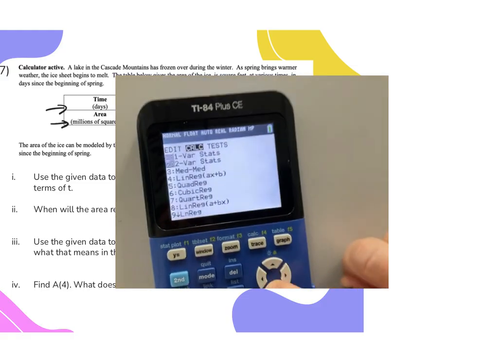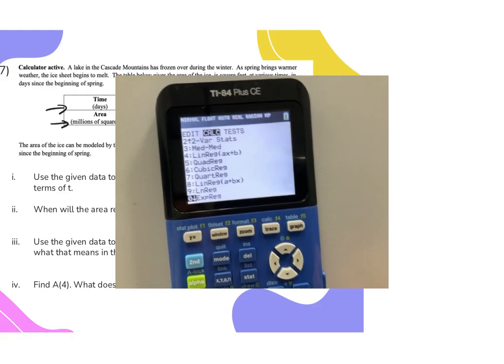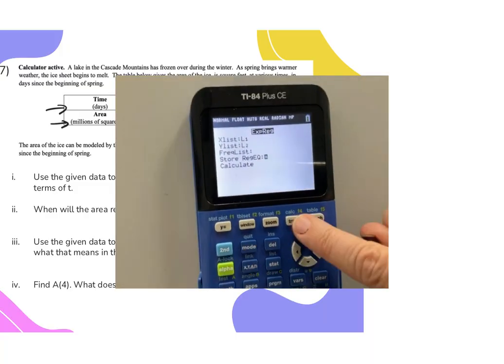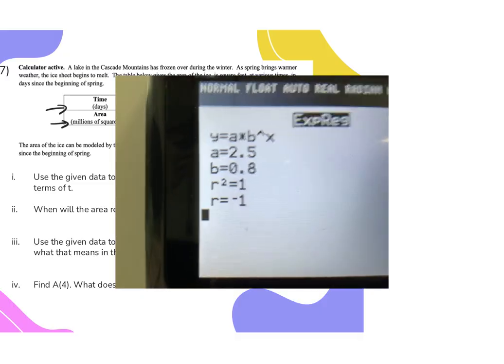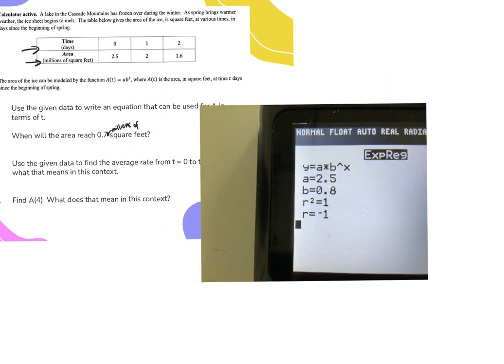Okay, so I'm running the exponential regression, and I'm storing it. Okay, so here's my equation.